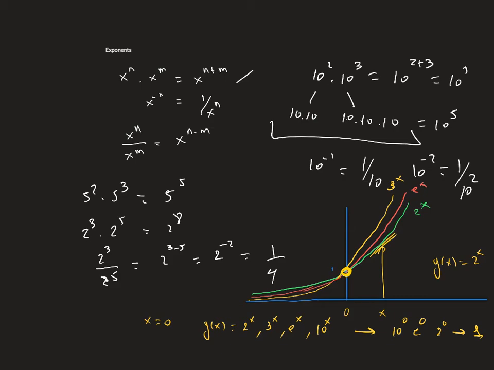You will see that it has lower inclination than e to the x at the same point. At this point, e to the x has a little bit more inclination than 2 to the x. So we will find in the next one the concept of the slope of a function. And this concept is very, very important to have correctly understood.